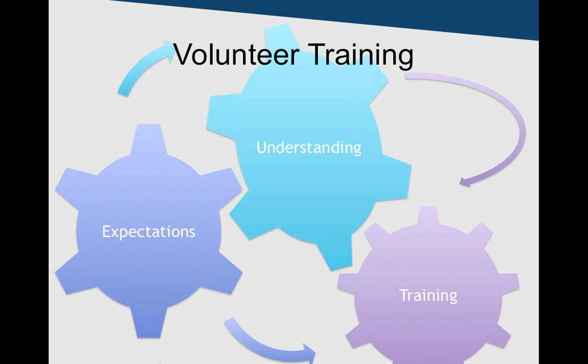There are a number of roles that volunteers can play to help you with your point-in-time counts. The most important thing to remember here is that training of the volunteer is of the utmost importance. Volunteers have to know your expectations of them and what their roles and responsibilities are and will be. So make sure that you provide plenty of training for all of your volunteers, no matter which role they are assisting with.